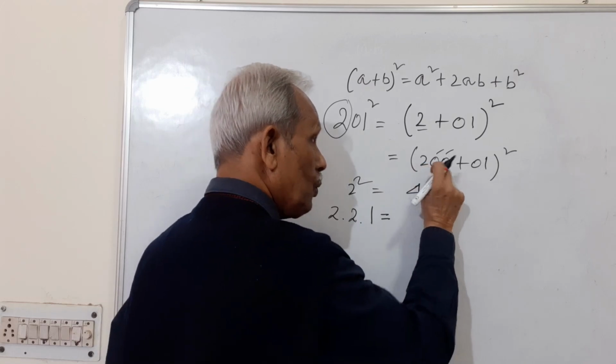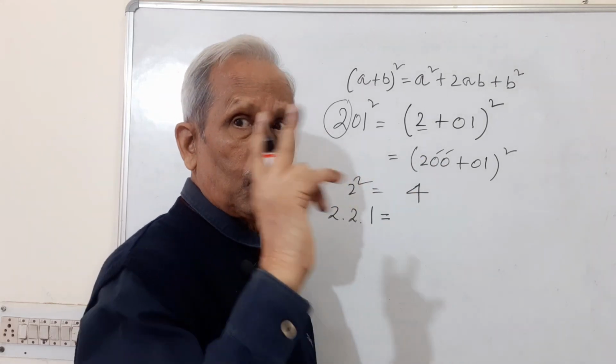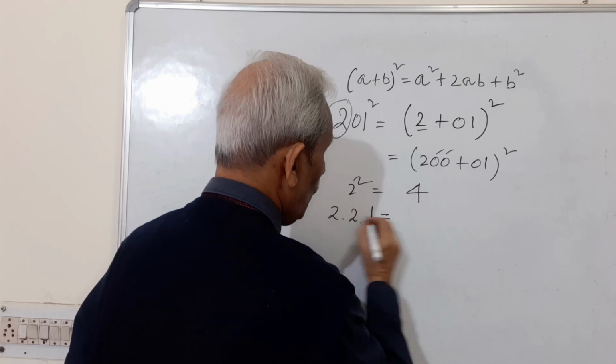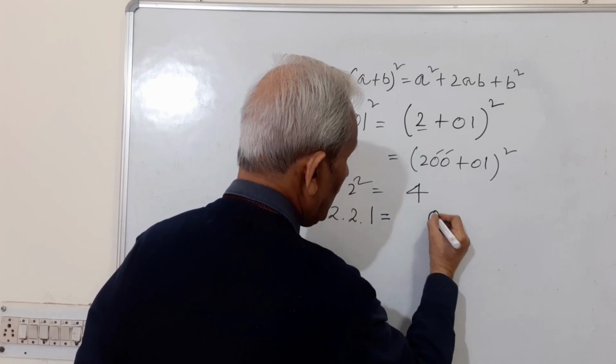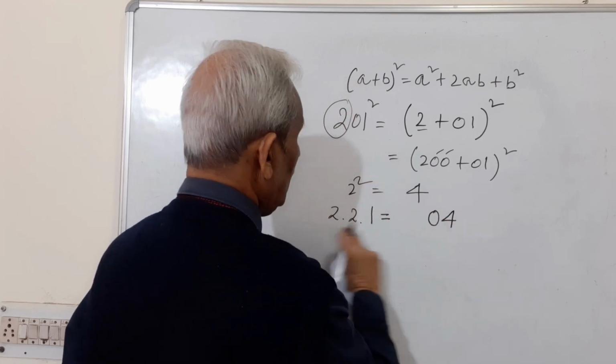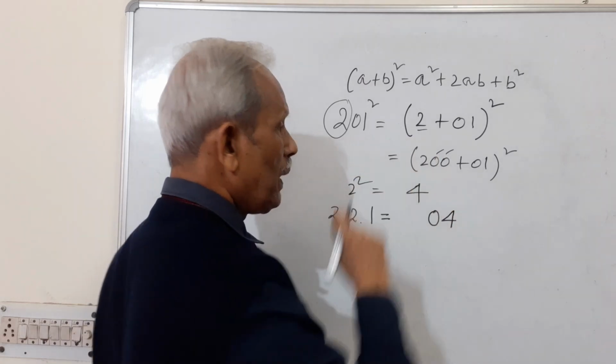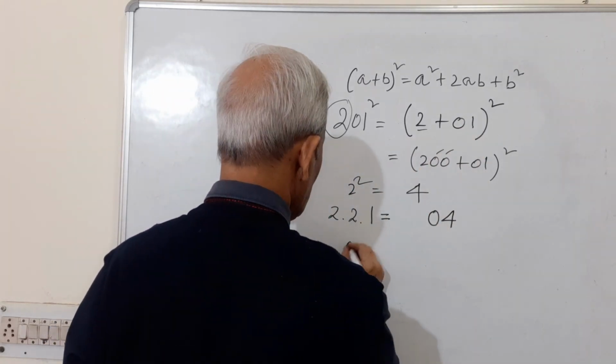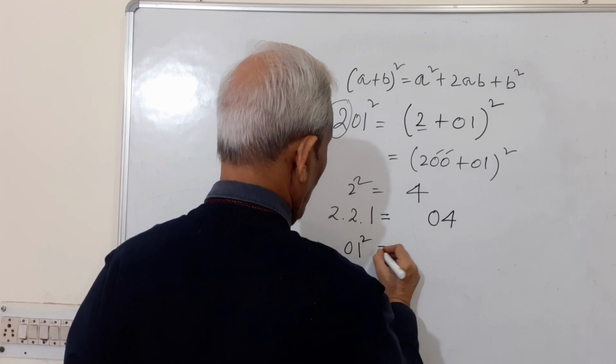Now there are 2 zeros here, we require shifting by 2, so 0 4. We have to write 0 and then 4, because there is only one digit but there are 2 spaces to be covered. Then 0 1 square is nothing but 1.